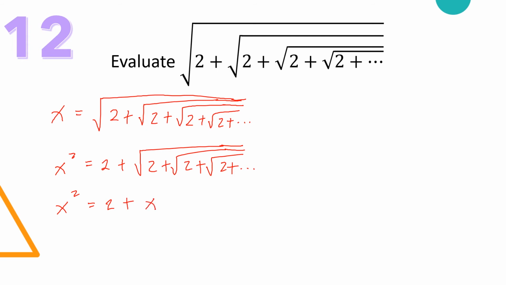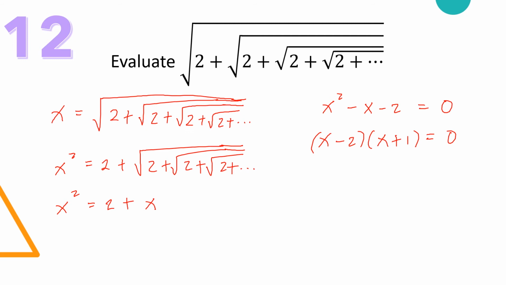Subtracting 2 plus x from both sides of this resulting equation, we have x squared minus x minus 2 equals 0. Now we can solve for x by factoring. We have x minus 2 times x plus 1 equals 0.